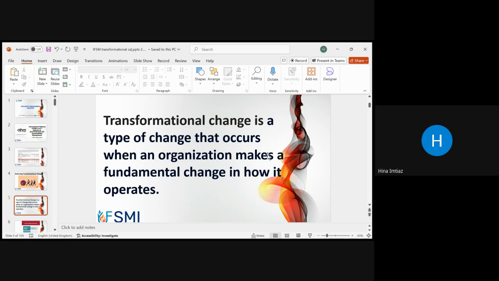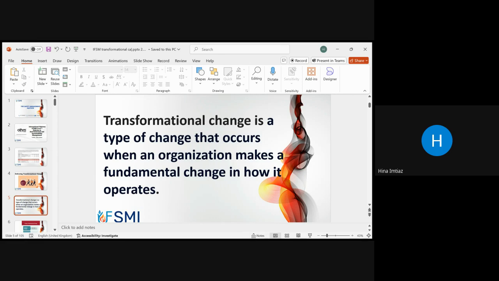For example, if an organization wants to improve the air quality of the nearby area, they have to cut carbon dioxide emissions, smoke emissions, and NOx and SOx emissions. These are the types of transformational change which can improve the quality of the environment and the quality of life of human beings, which is beneficial not only for human beings but also for the environment as well.